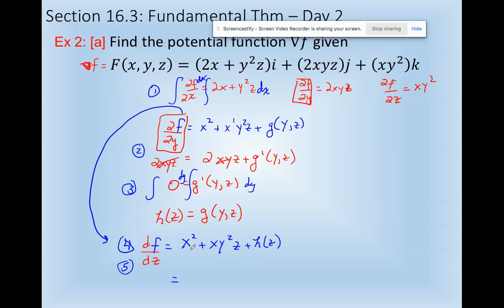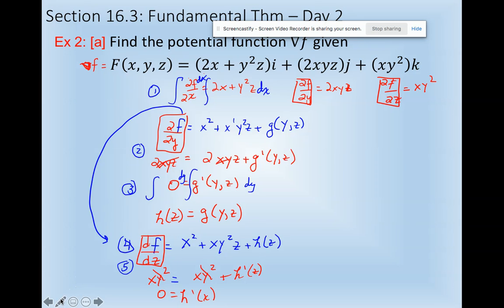X squared is going to go away. This is z to the first, so just xy squared plus h prime. That is partial f partial z, but here's partial f partial z. So what happens? Bye. And I get 0 is equal to h prime, but was h prime what I was after?